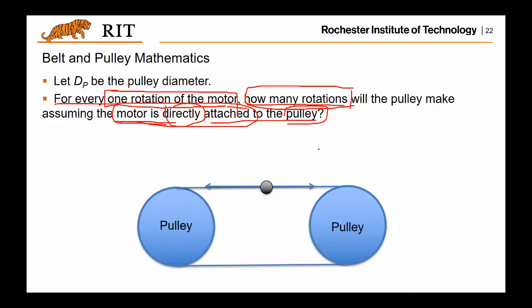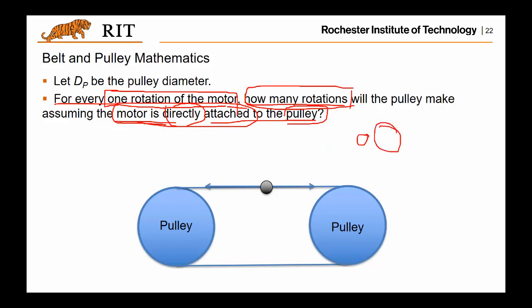On the other hand, if there are gears, you need to know the gear ratio, and that gear ratio will give you this information.